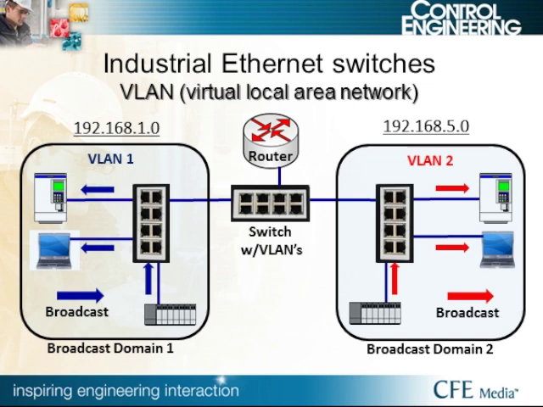A better way to use the switches and cabling you already have in place is to configure VLANs on your managed switches. VLAN is an acronym for Virtual Local Area Network. By default, no communication of any kind will cross between the different VLANs.